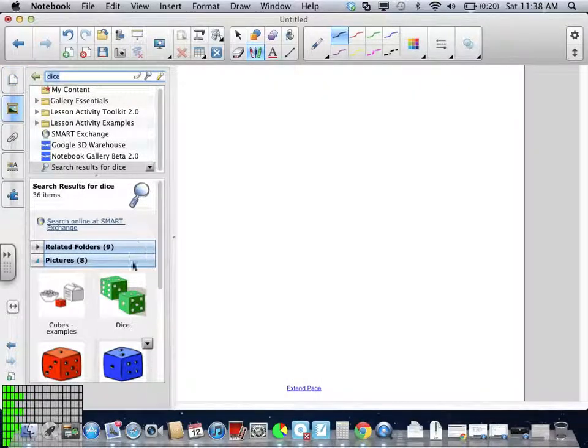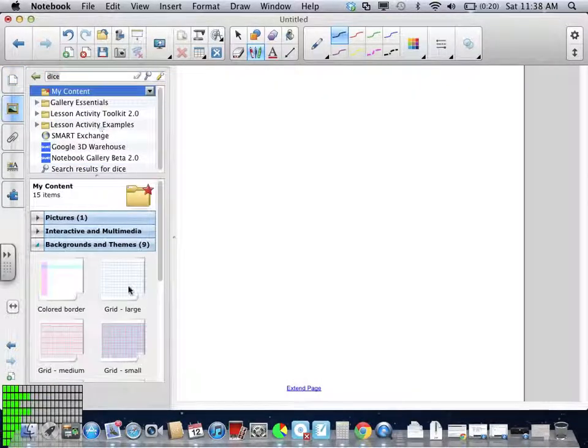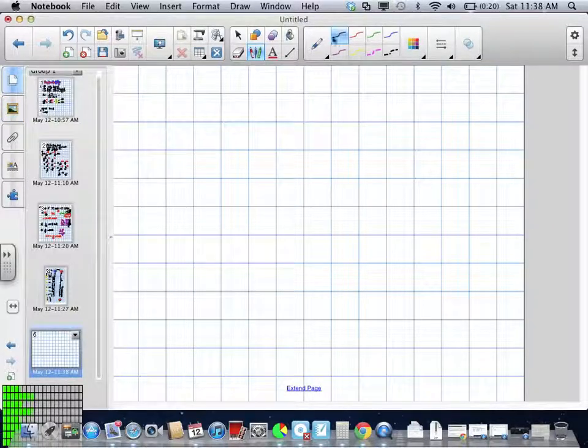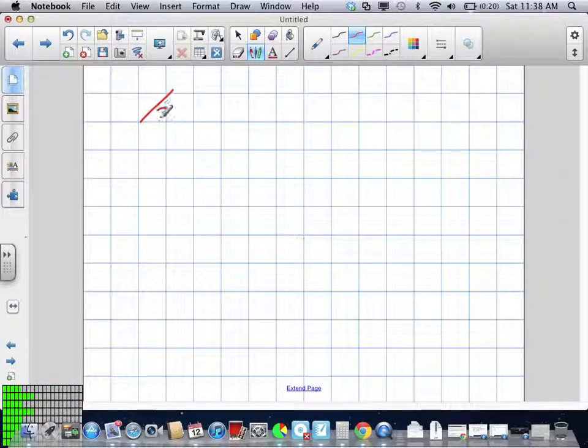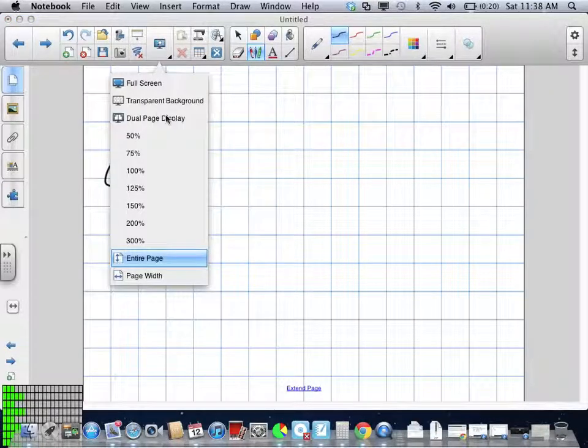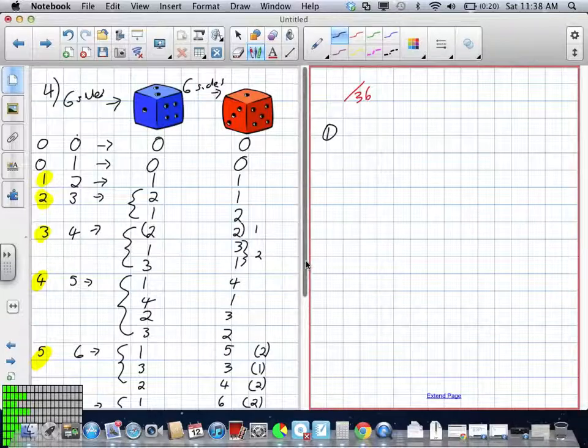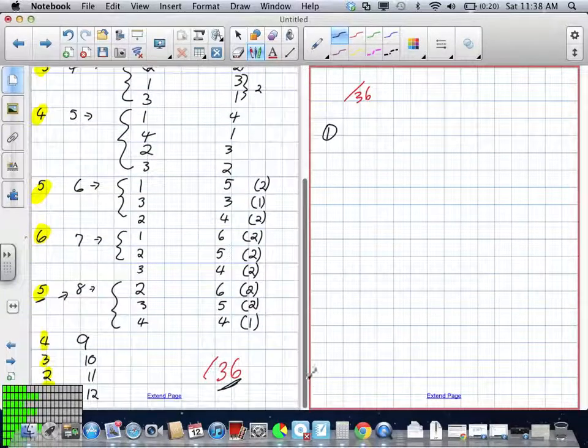What's the first question to ask us? We know everything's out of 36 now. First question says: 2 dice are rolled. Find the probability that the sum of the number is 11. Okay, so let's look down to our number 11.